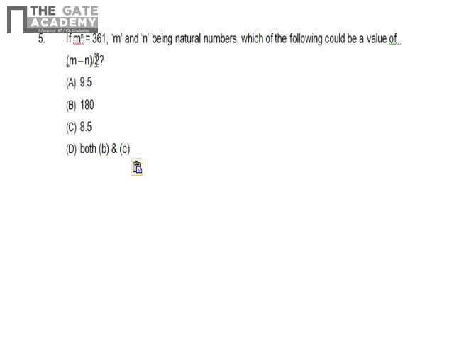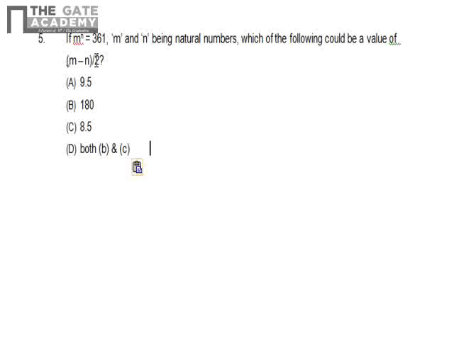Now the first thing which will come to your mind is 19 square. 19 square is 361, so the m value and n value will be 19 and 2. So if you find the value of m minus n divided by 2, that is 19 minus 2, that is 17. 17 divided by 2 is 8.5.